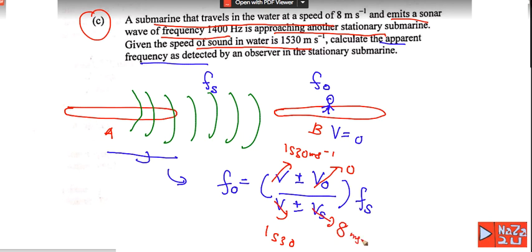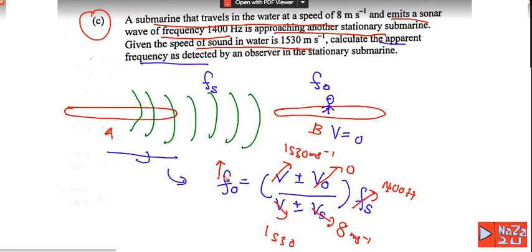The problem here is whether to use plus or minus. When the sonar wave produced by the submarine approaches the observer, the frequency increases, right? The source frequency is given as 1400.